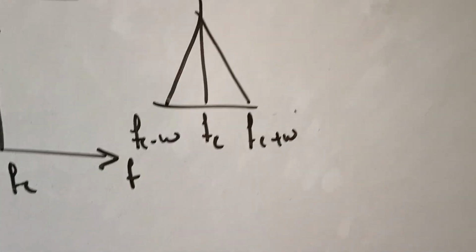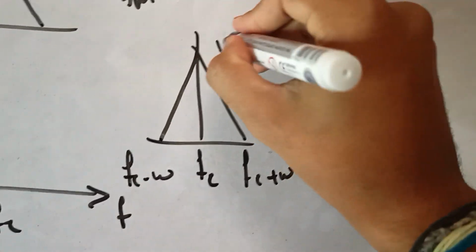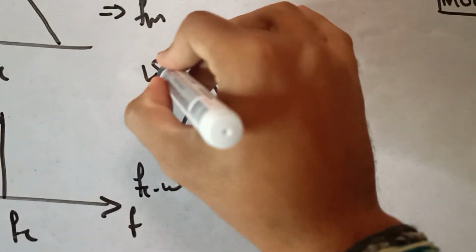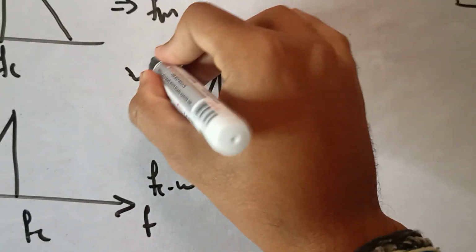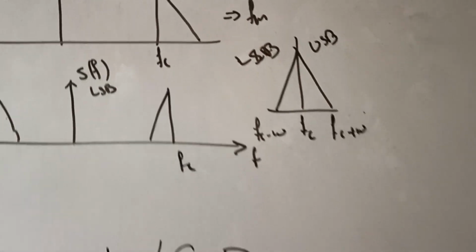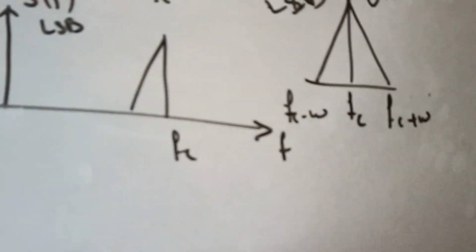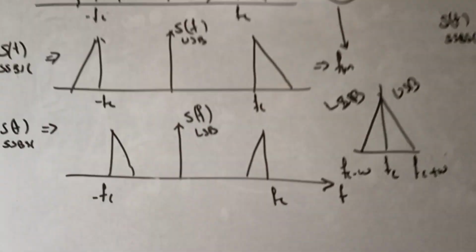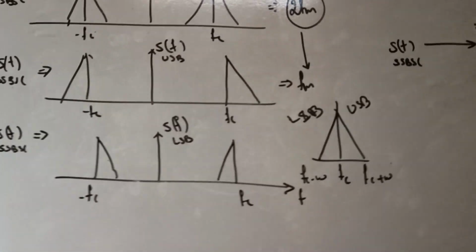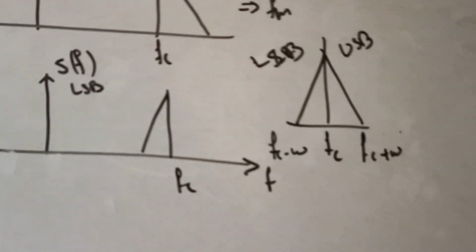So in the single sideband suppressed carrier, we are going to send either only the upper sideband or the lower sideband, depending upon which sideband you choose to send over the channel. But what we understood is that this single sideband suppressed carrier is not an appropriate method to transmit. Why?